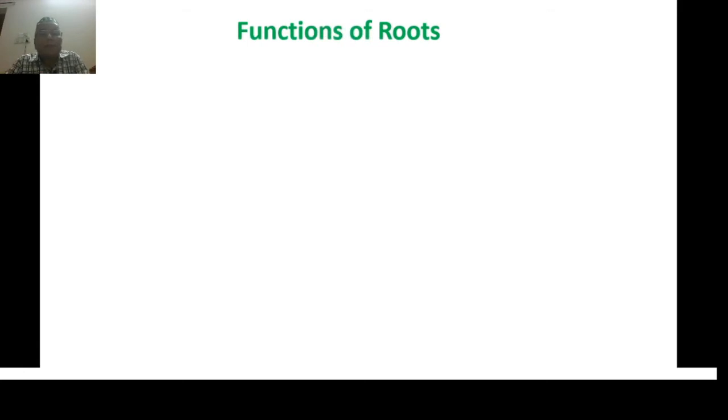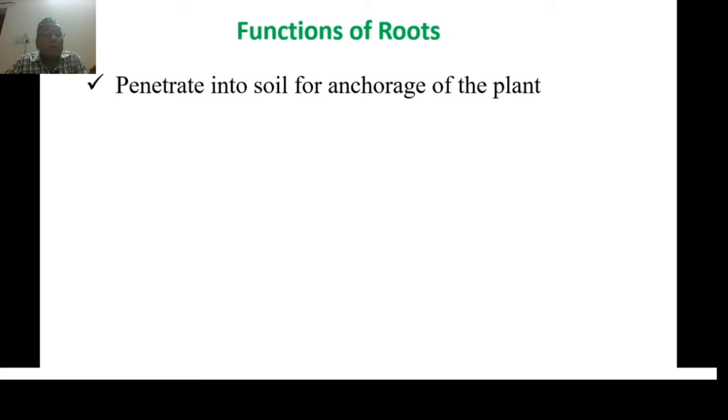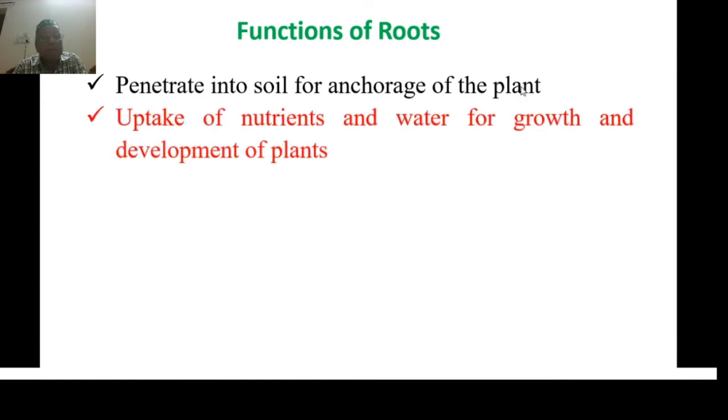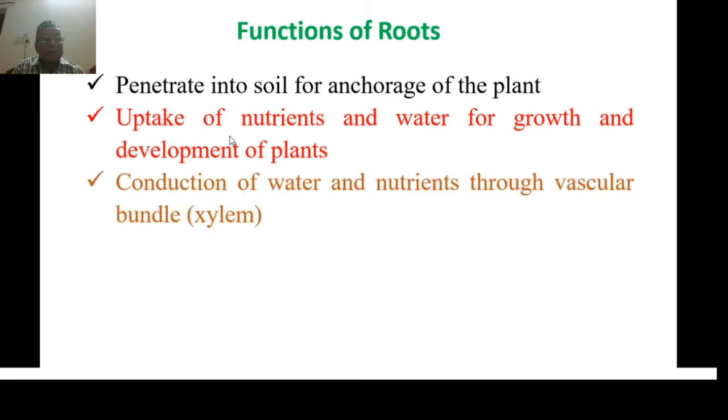So what are the functions of roots? One of the important functions is to penetrate into soil for anchorage of the plant. Uptake of nutrients and water for growth and development of crop plants. This is most important, and this is the focal point we are mainly interested in.